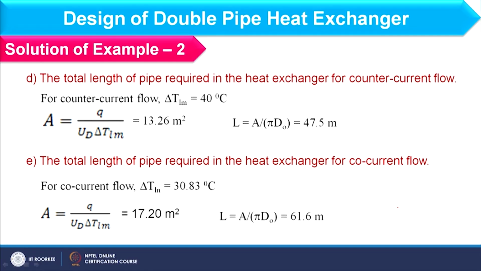So, delta T Lm value will depend on what? It will depend on the type of flow, otherwise Q and U both will remain the same, only we will find the change in mean temperature difference. Okay. So, if you understand the counter current flow and co-current flow, LMTD value or log mean temperature difference value will change, right.